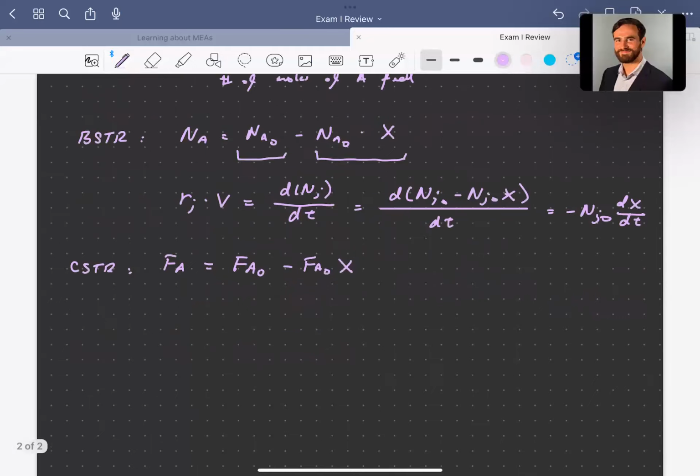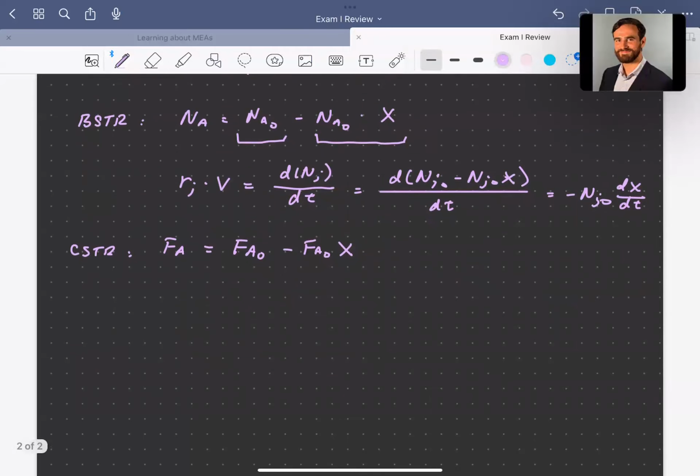So doing this, we can rewrite our general mole balance for some species J. So this is the molar flow rate coming in minus the molar flow rate leaving the reactor. So that's going to be Fj naught plus Fj naught times X. So these terms will cancel. Plus the rate of generation of that species J is equal to 0.